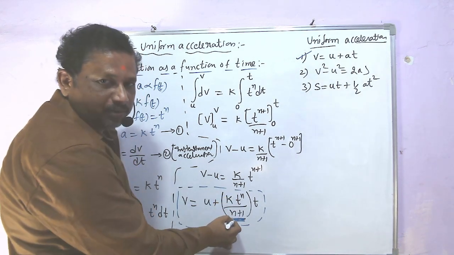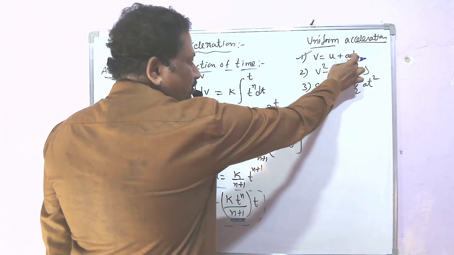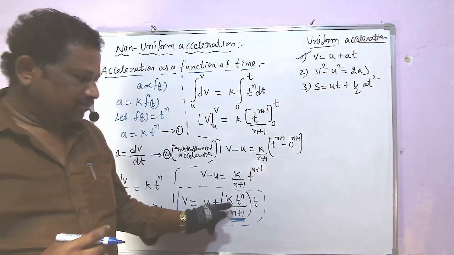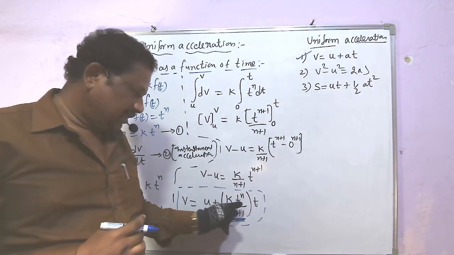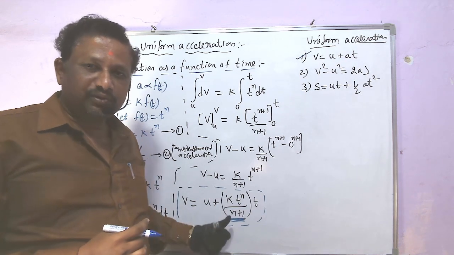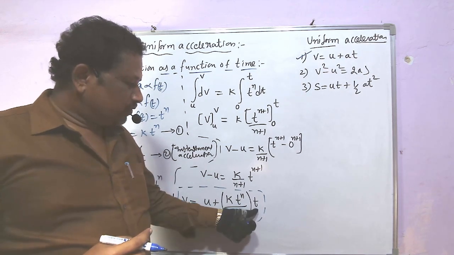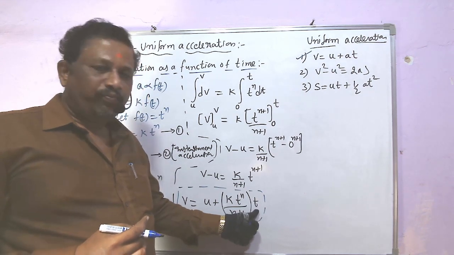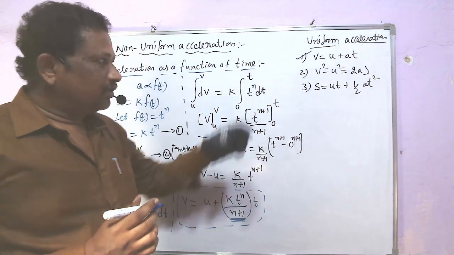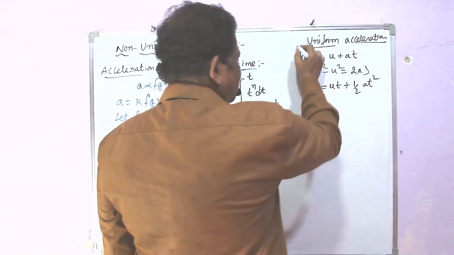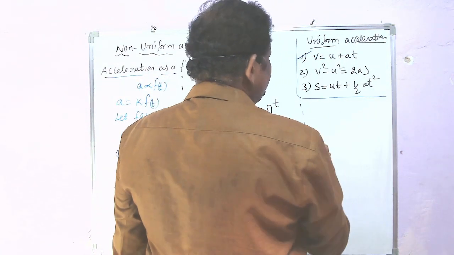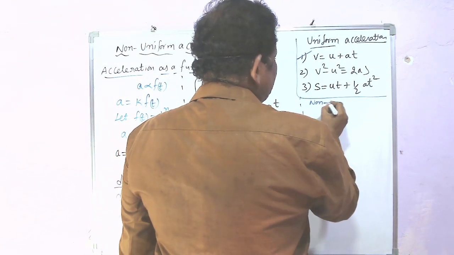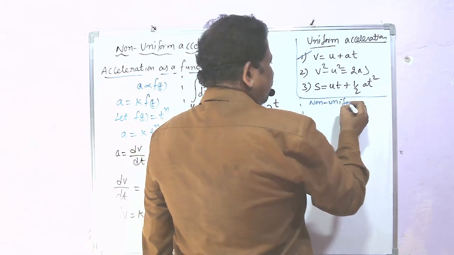First form is over. For non-uniform acceleration, the first one we got is v is equal to u plus k into t power n by n plus 1 into t. First equation we derived.